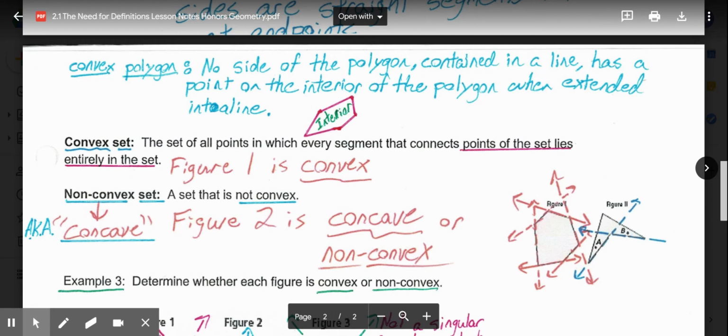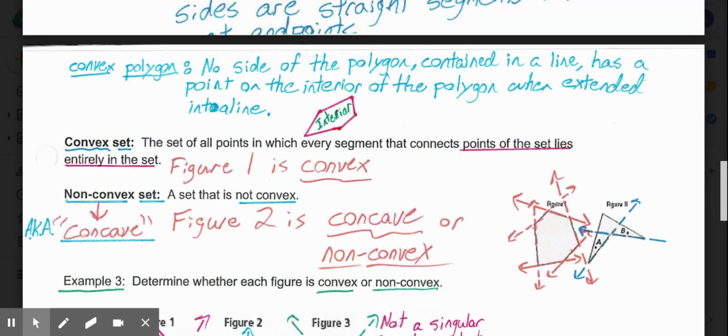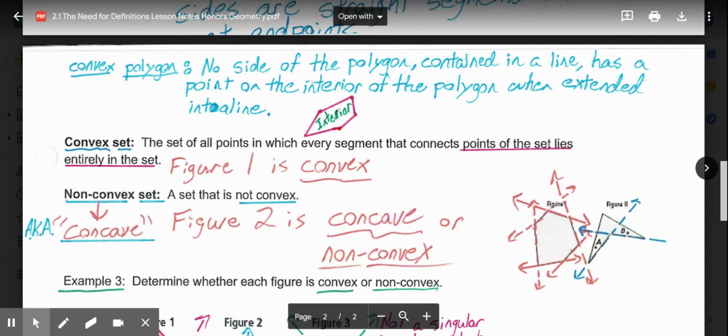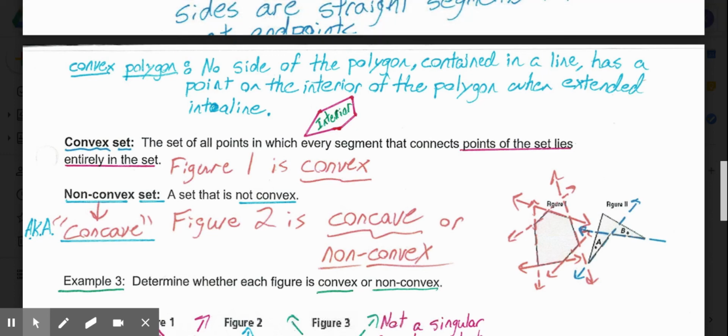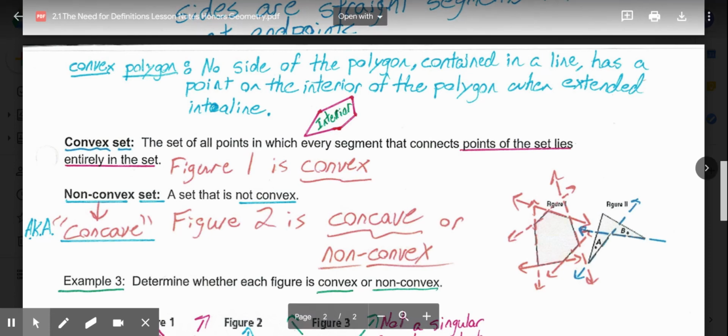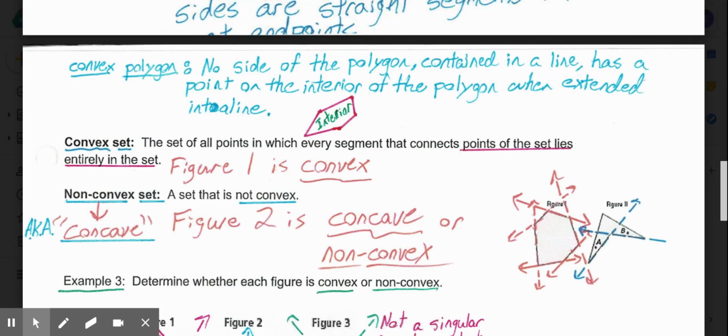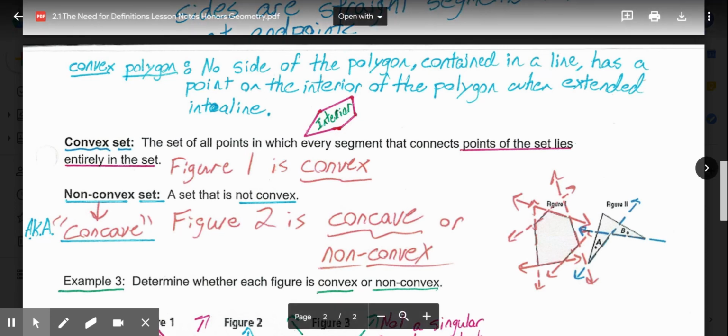So non-convex and concave mean the same thing. That convex set definition is a bit harder to understand, but if we think of it based on a convex polygon, it's a little easier to understand. But our geometric definition: a convex set is the set of all the points in which every segment that connects points of the set lies entirely in the set.